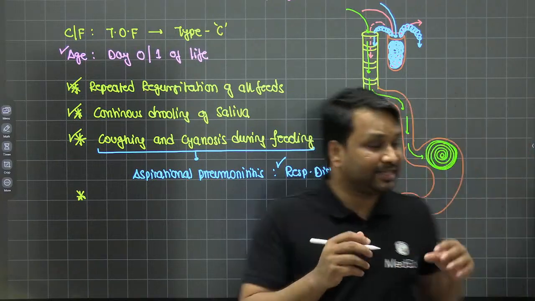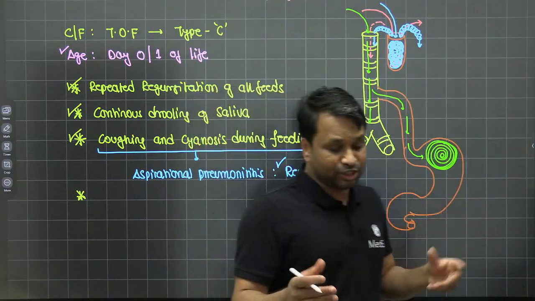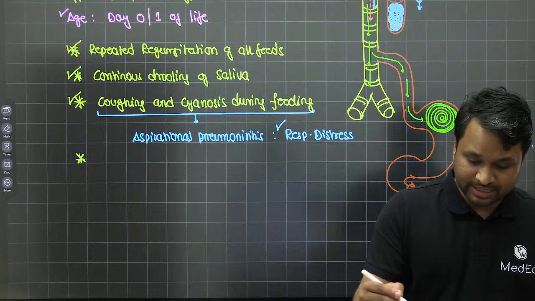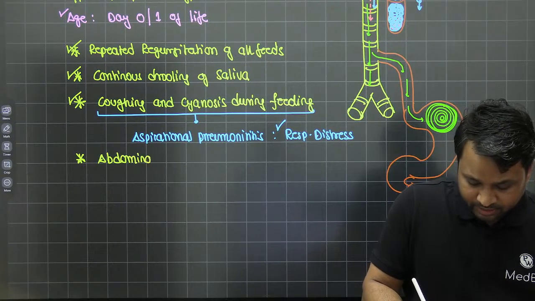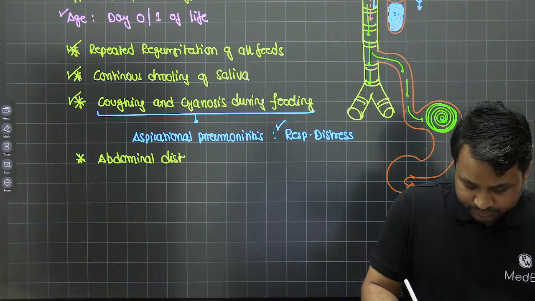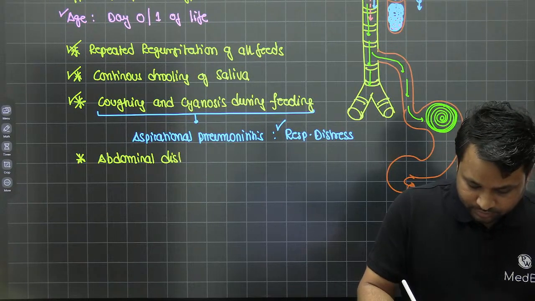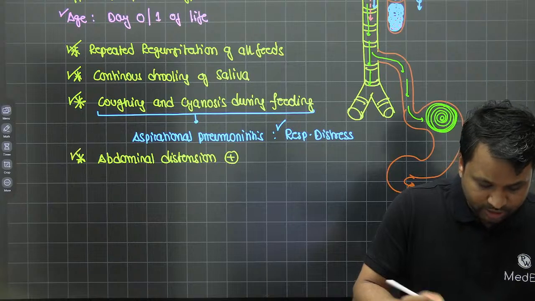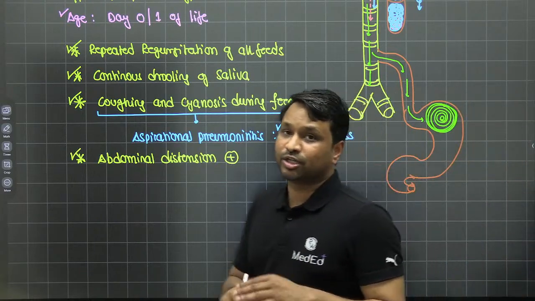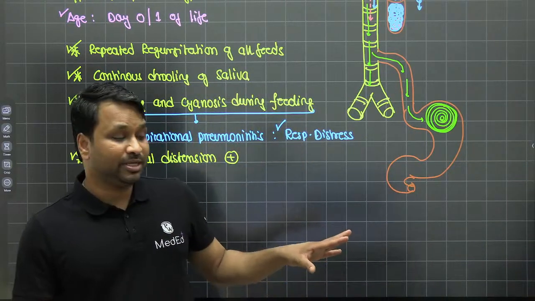Now, as the air gets accumulated inside the stomach, there will be distension. So another finding that you will see in these babies is the presence of abdominal distension even without feeds. There is presence of abdominal distension, and this abdominal distension is there even when the baby is not being fed.